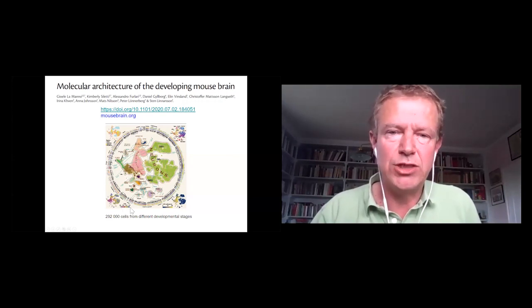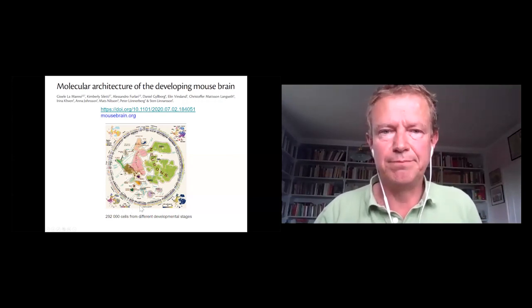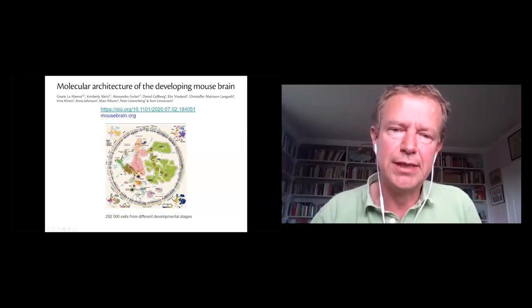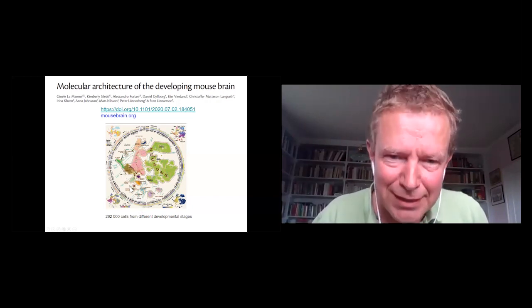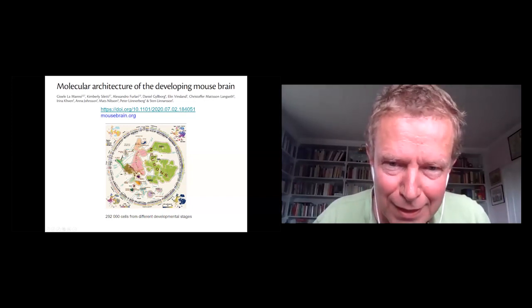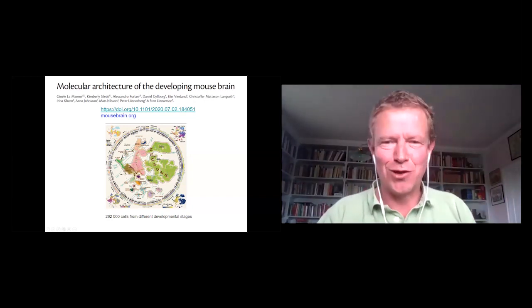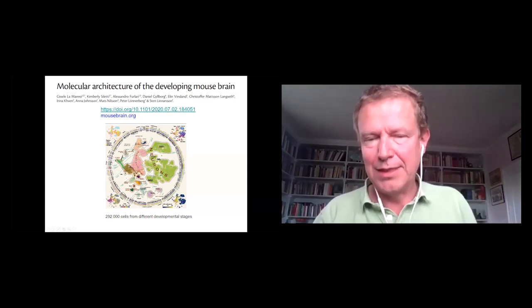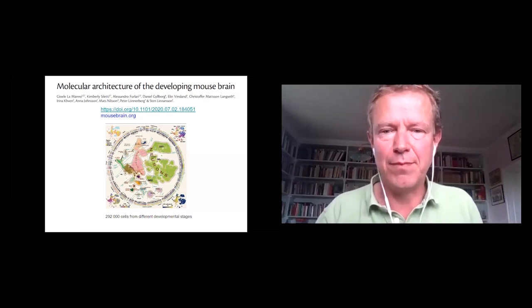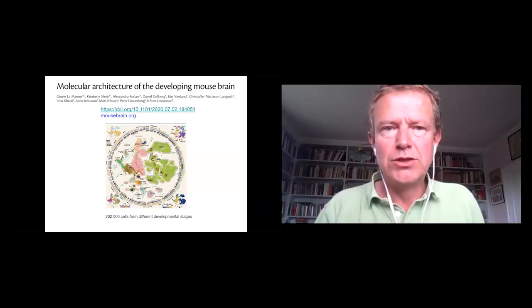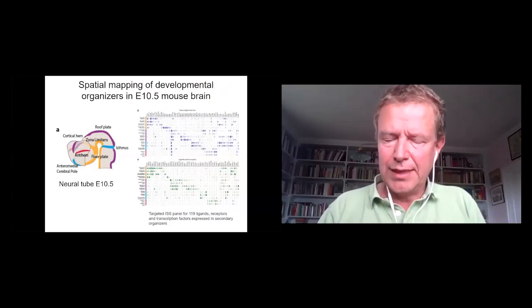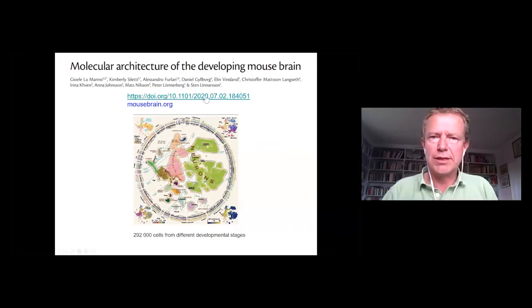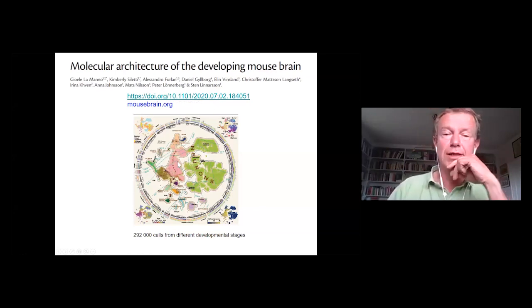So through different ages and different parts of the brains, and see how cells are born and populate this atlas of 1,000 different states of cells in the developing mouse brain. And this was just recently published on bioRxiv, and you can also browse this data on mousebrain.org.